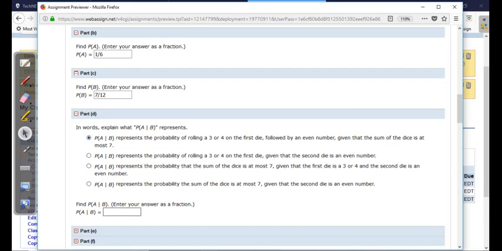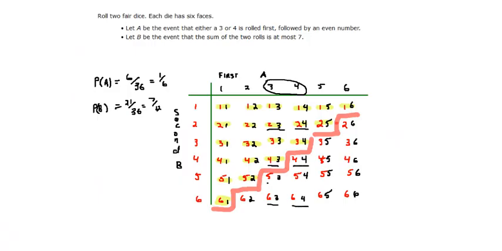What is our probability of A and B? Well, now this is where that little drawing that we made comes in handy. Which ones of these are the ones that we want? Well, it looks like a roll of a 3 followed by a 2, or a roll of a 3 followed by a 4, and a roll of a 4 followed by a 2, right? That's it. There's 3, and we have a total of 21 events, right?